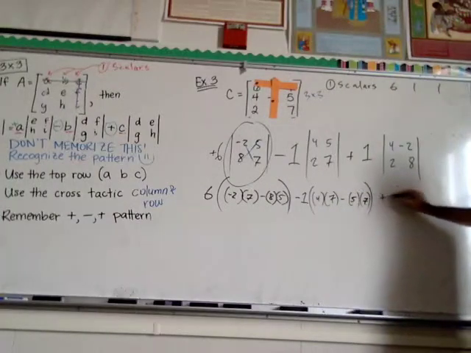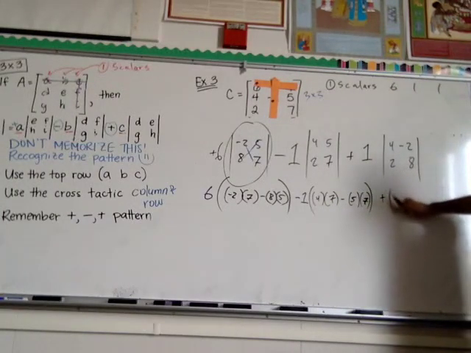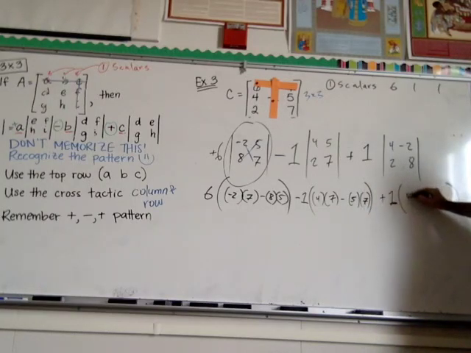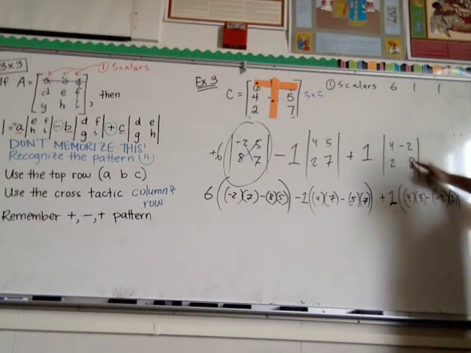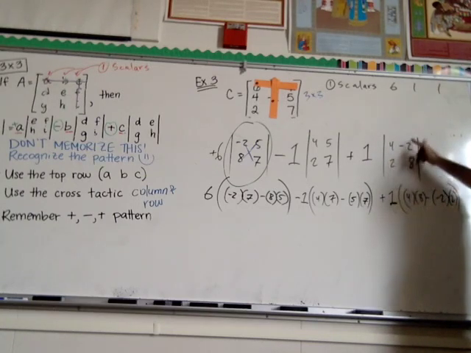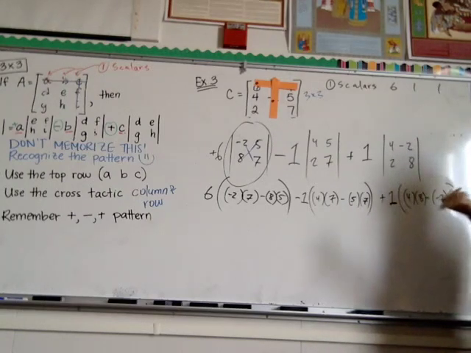Plus 1 times 4 times 8 minus -2 times 2. It doesn't matter when I'm multiplying in diagonals if I multiply this times this or that times this. It doesn't matter which one I multiply because 2 times 3 and 3 times 2, same thing.